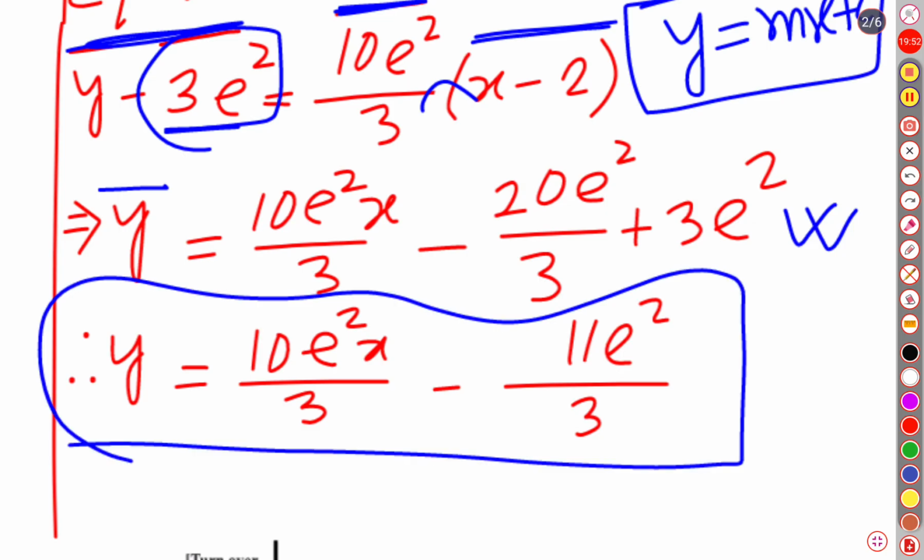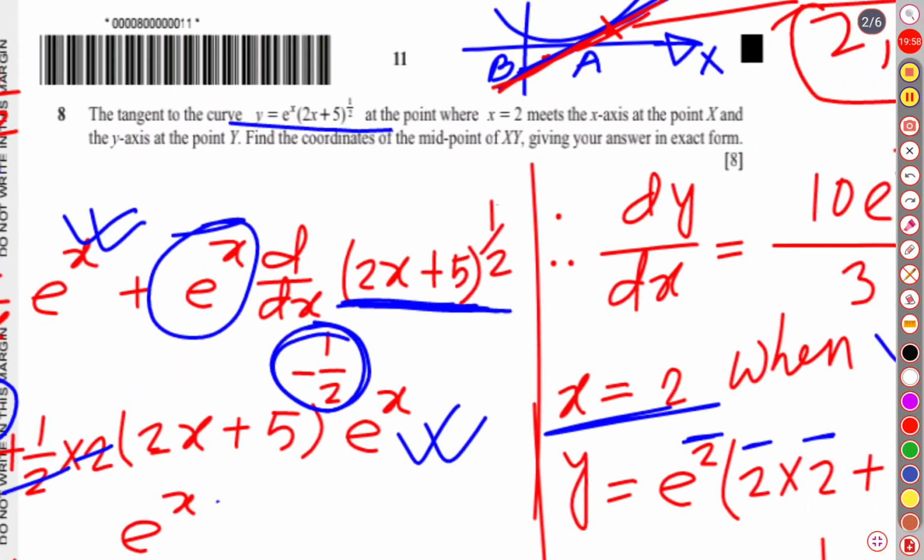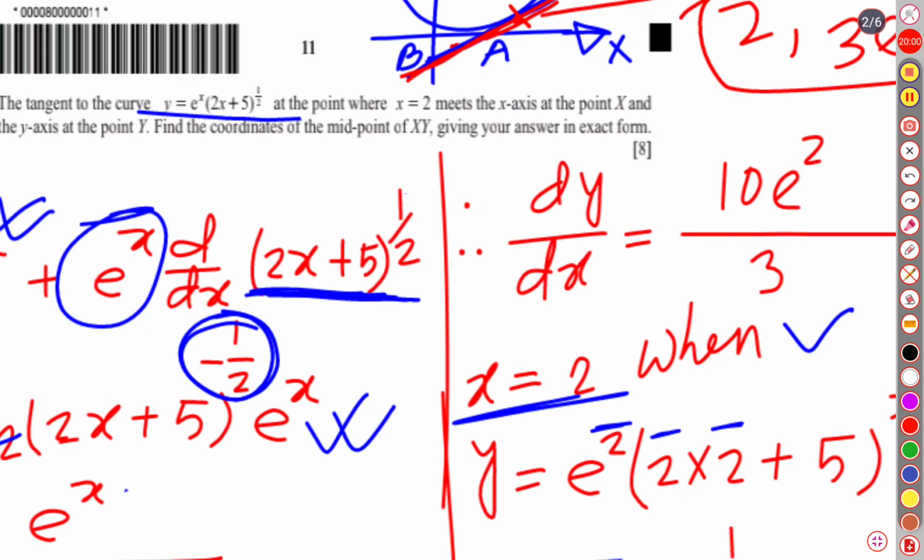So using this equation, what was our basic question? Our basic question was to find the coordinates of the midpoint of XY. Oh, sorry, this is actually X. They have termed this as X and this as Y. So our tangent is XY. For this XY, we'll have to find the midpoint.